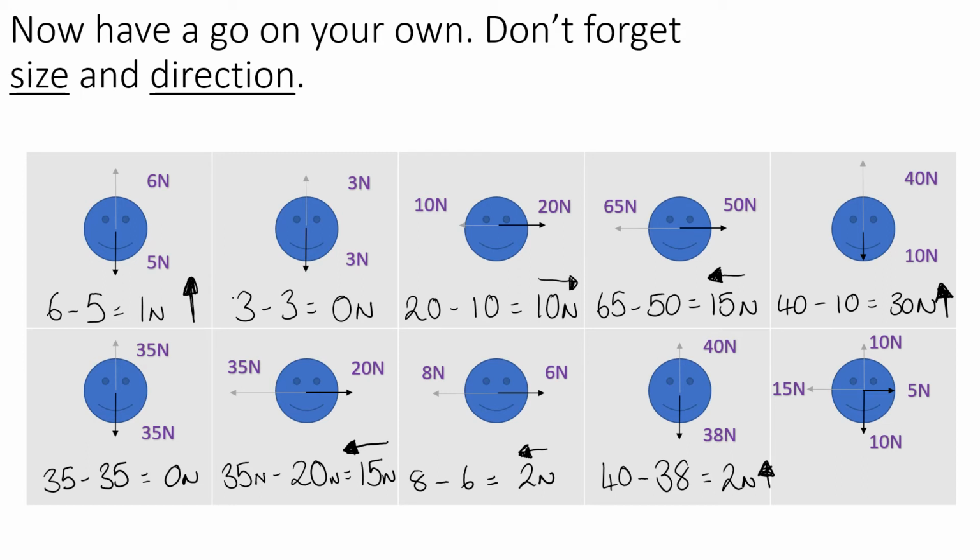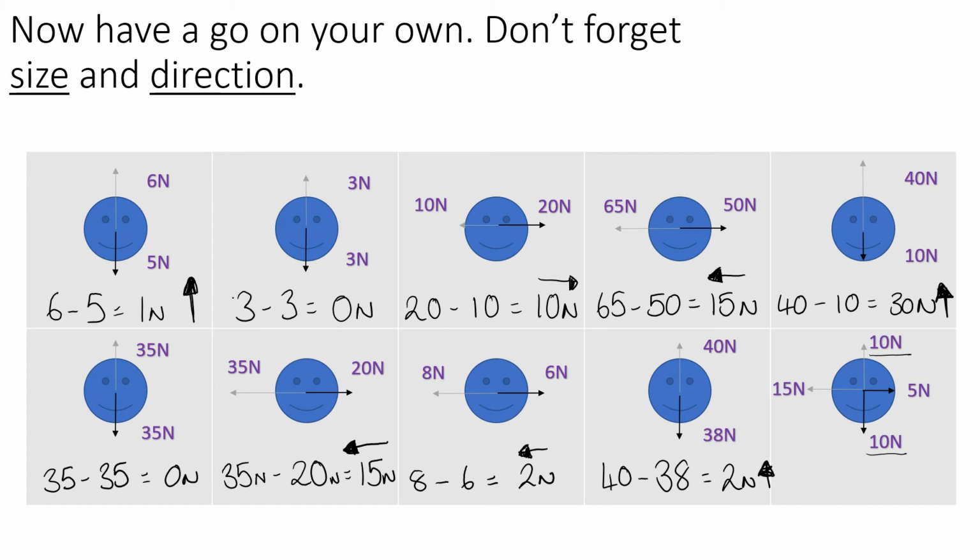Your next one is slightly different. So you've got 4 different forces here. You've got one acting up, one acting down, one to the left and one to the right. The first thing we've got to do is I can see here that we've got a 10 newtons there and a 10 newtons there.